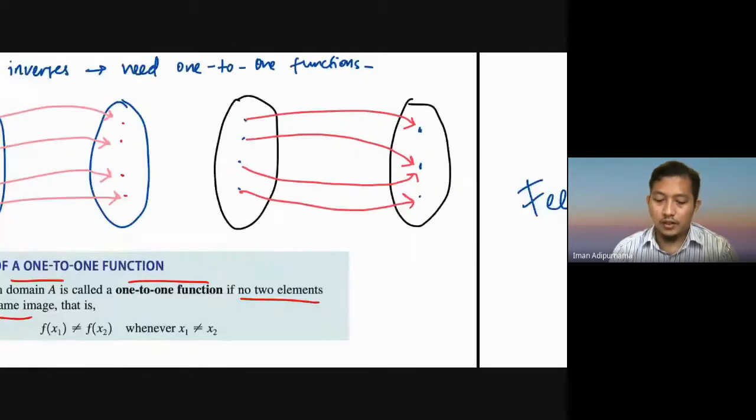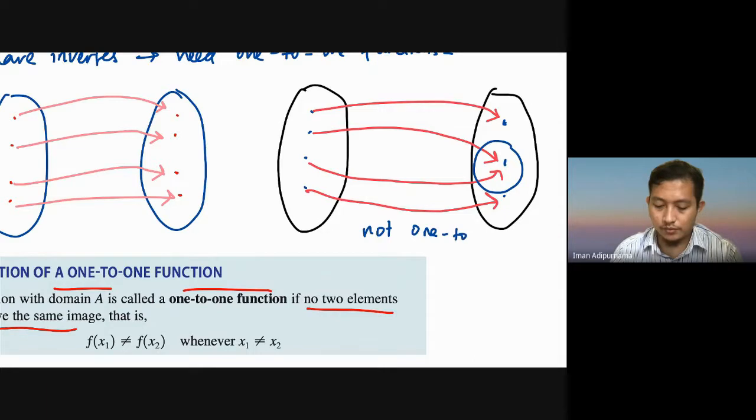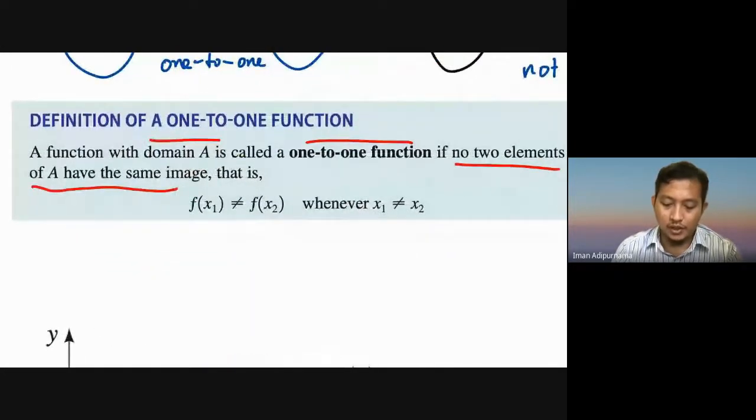Now look at this, the right side. It's getting the same value of the results, right? It has this, it has this. So this is not one-to-one. This is one-to-one. So whenever you have a different point here, the resulting value should be different. Should not be the same.